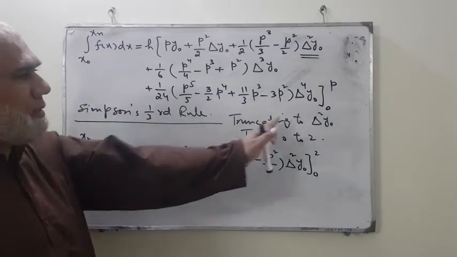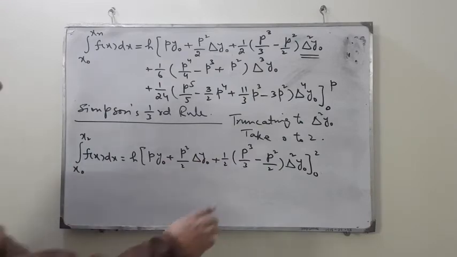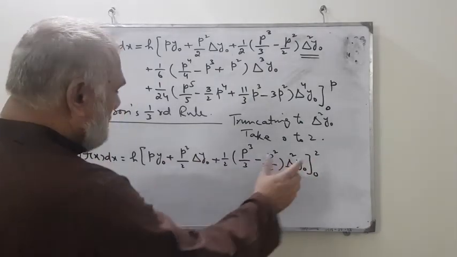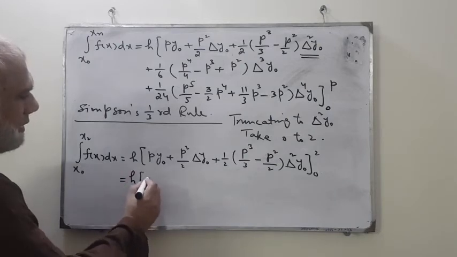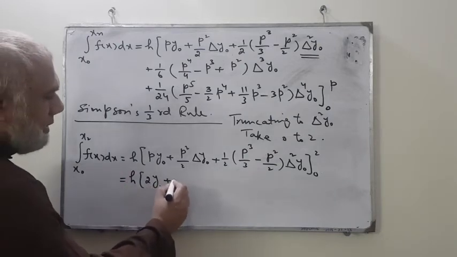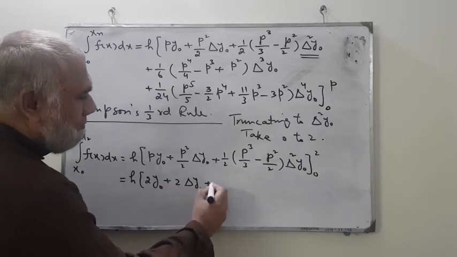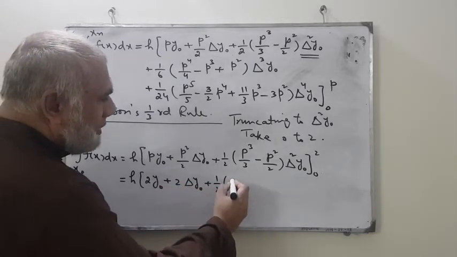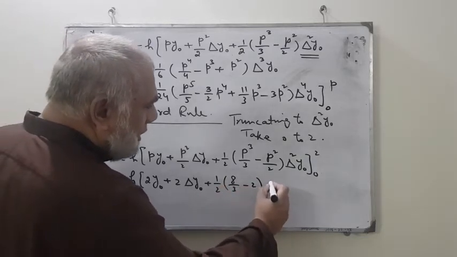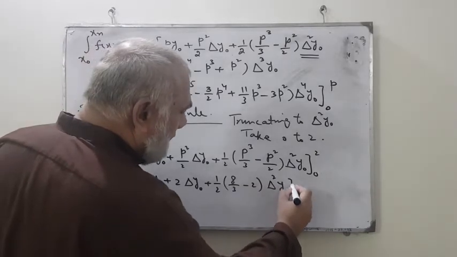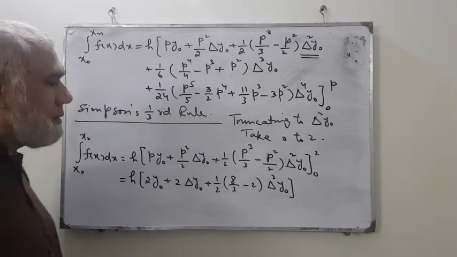So after applying this restriction on this polynomial, we got this result. Now if you apply this limit within the bracket, we get h times 2 y0 plus 4/2 gives you 2 delta y0 plus 1/2 times (8/3 minus 2) delta 2 y0. So on applying the limit, we get this result.